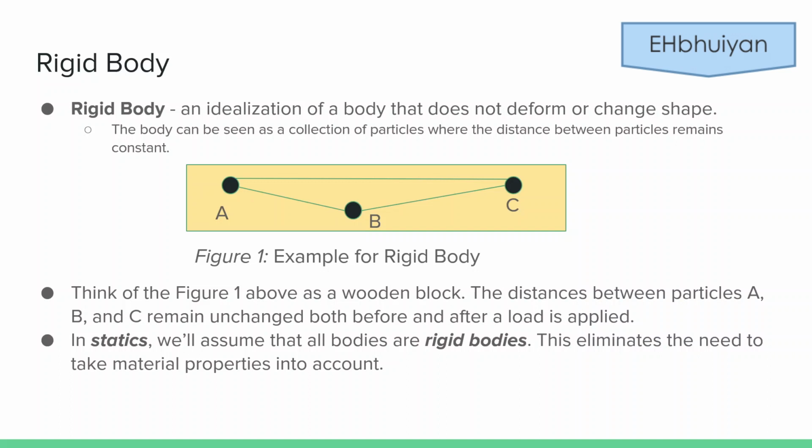Let's say this is a wooden block and we're going to call out 3 particles on this block: particle A, particle B, and particle C. As this wooden block has load applied to it, the distance between A and B, B and C, and A and C do not change under the rigid body assumption. Whether there's a load or not, this body will not be deformed.